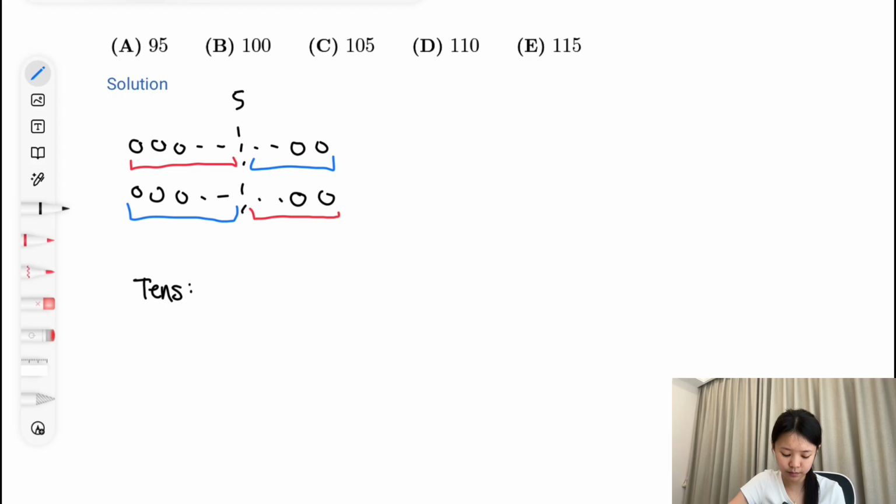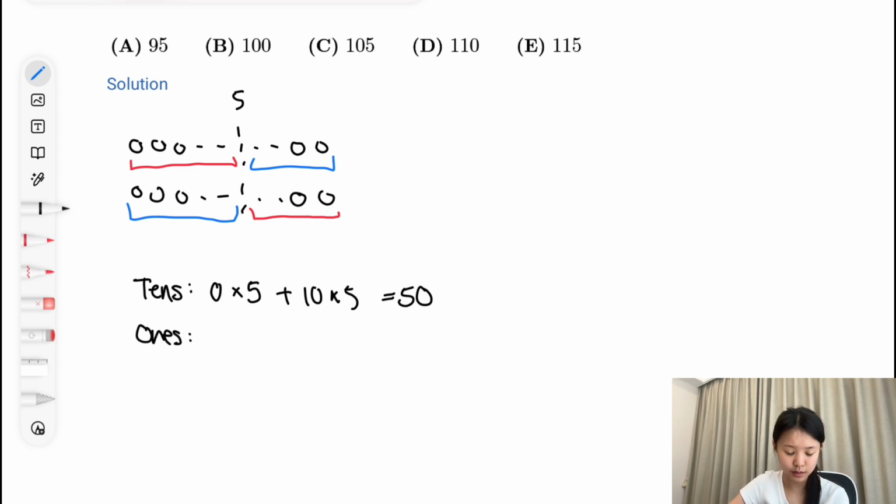So you're going to have 5 numbers that have a 10s digit of 0, since they are the 5 numbers from 1 to 10. And you're going to have 5 numbers with a 10s digit of 10, so that would lead to a value of 50.